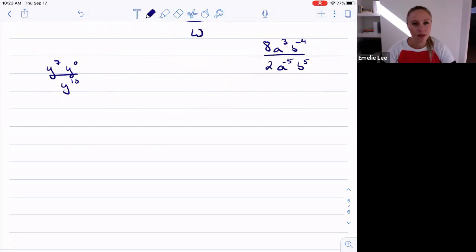So if you're simplifying these things, you're trying to just collect all your bases and simplify the exponents.